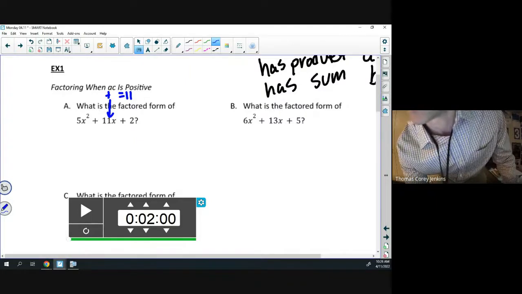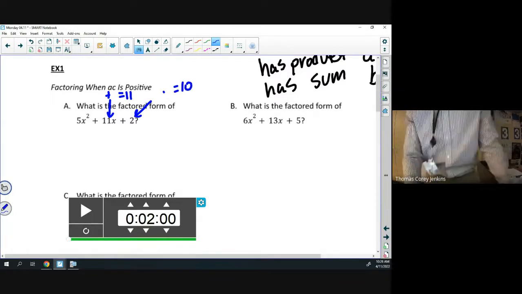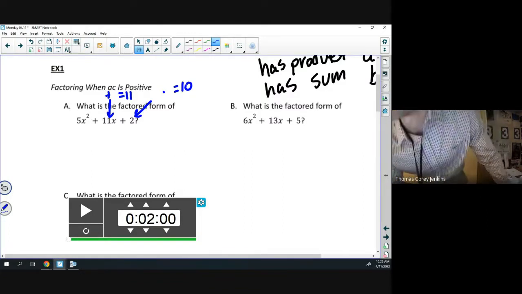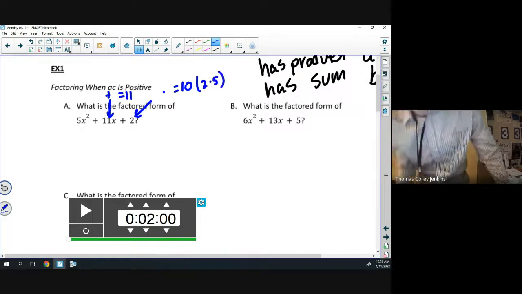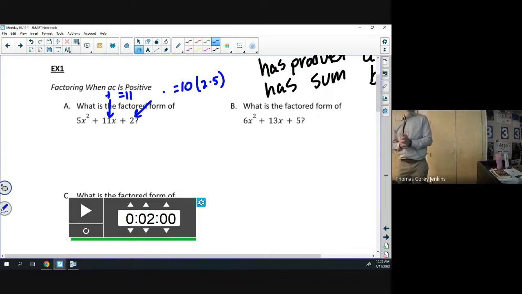Instead of just the 2, we say what times what equals 10. And then you're going to look at this and wonder where the 10 came from. So in parentheses, I would just say that's 2 times 5. That's where we got the 10. Okay. Besides that, it's just the exact same. So that's the only new thing you have to remember. Not multiplies to 2, but multiplies to 2 times 5.